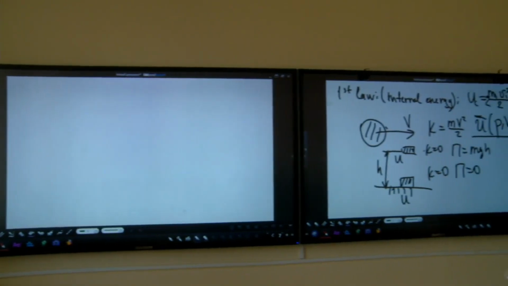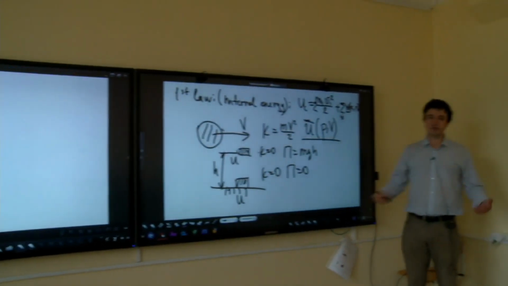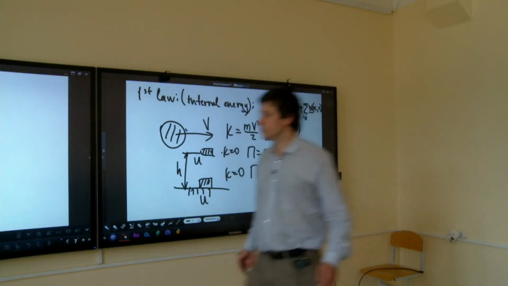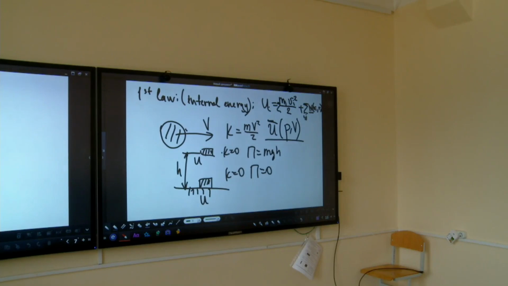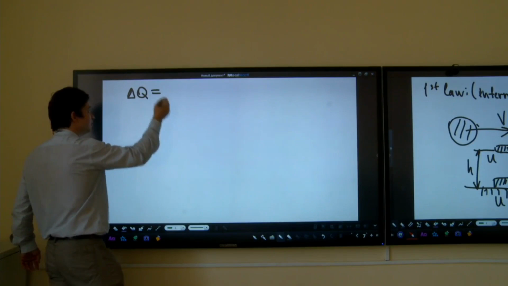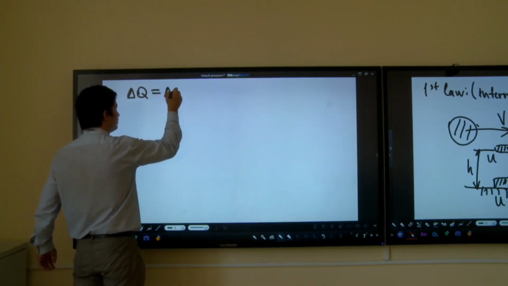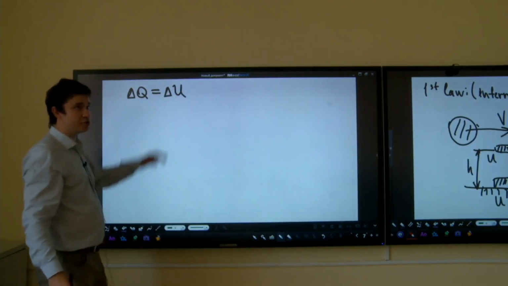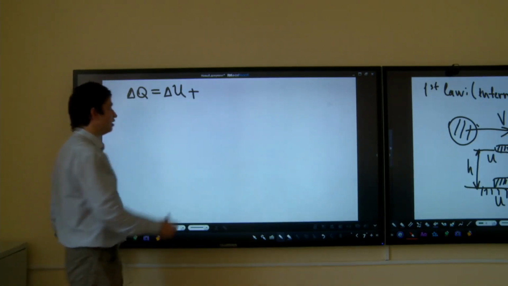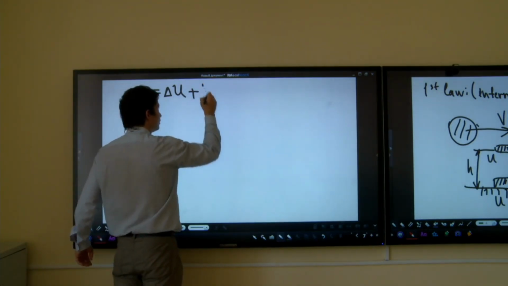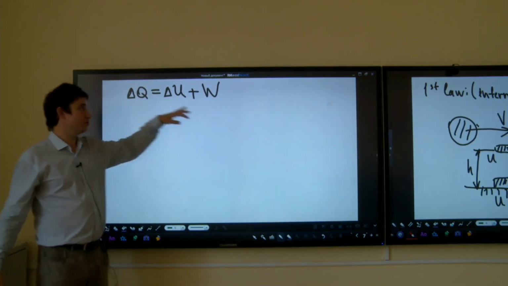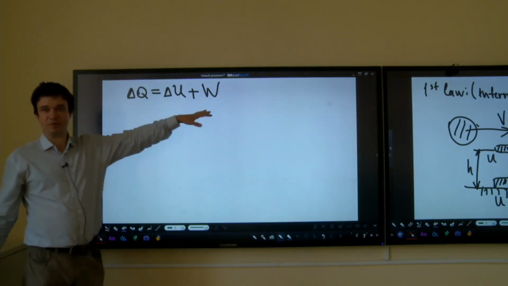Now that we have postulated the existence of this internal energy, we can formulate the first law of thermodynamics from your high school, and it says that the change of internal energy is the amount of heat given to the system plus the work done.